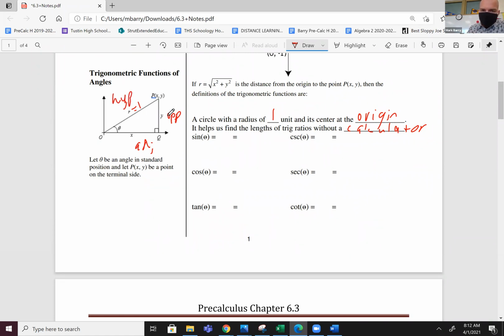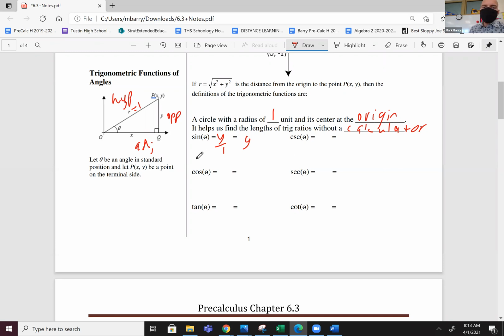So according to that picture, the sine of theta would be y over 1. Right? So we got opposite is y, hypotenuse is always 1, so that's going to be y over 1, okay? Well, y over 1, I'm just going to simplify as just y. Anything divided by 1 is just itself, right?